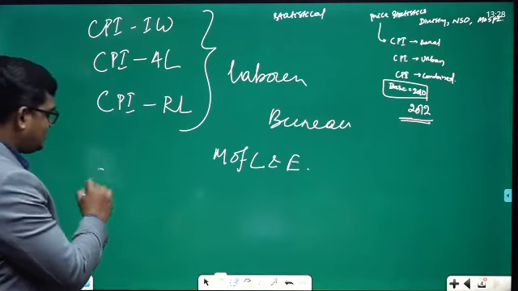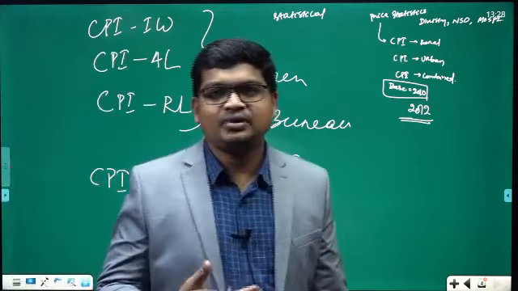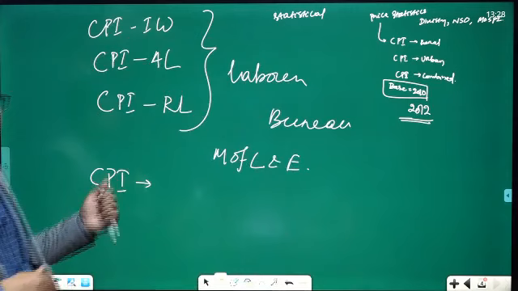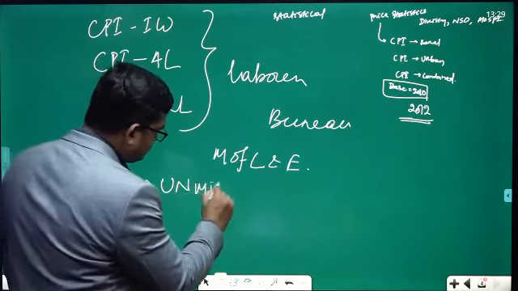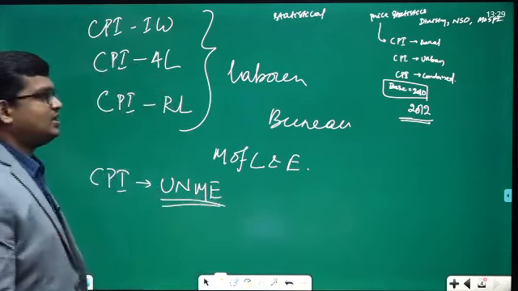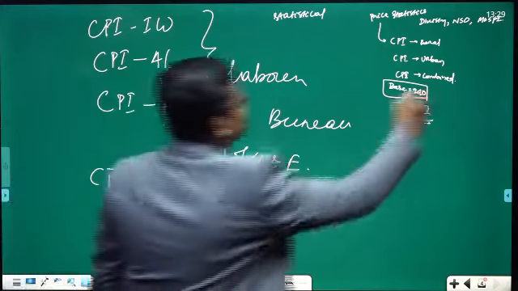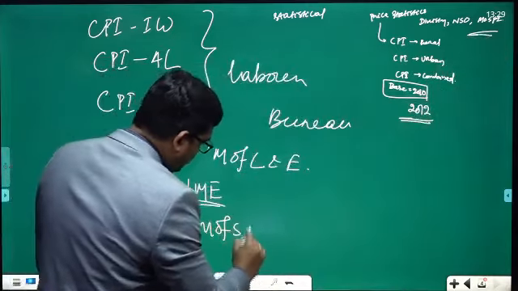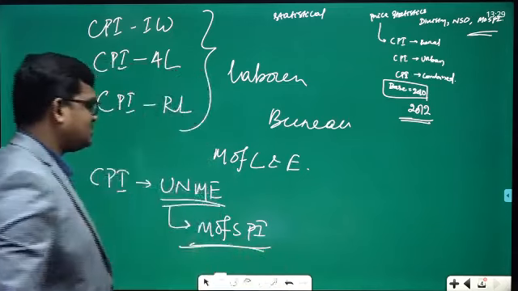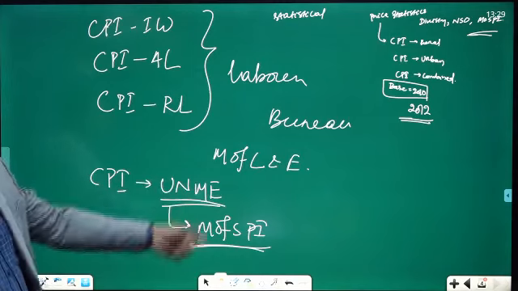Another index, these are factual in nature, so try to remember these: CPI urban non-manual employees. Again, the Ministry of Statistics and Program Implementation compiles the data of CPI urban non-manual employees.